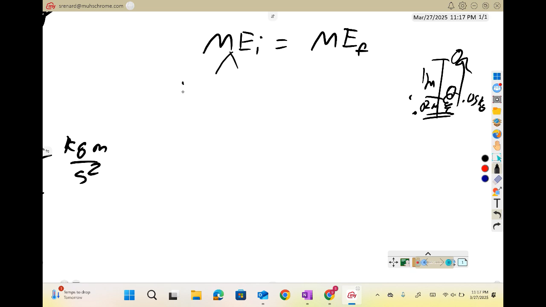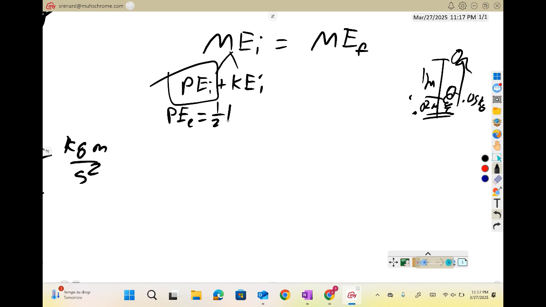So here, when we have potential energy plus kinetic energy, it's important to realize that we have 2 types of potential energy. We have the potential energy of the spring, or elastic potential energy, which is 1/2 kx squared.